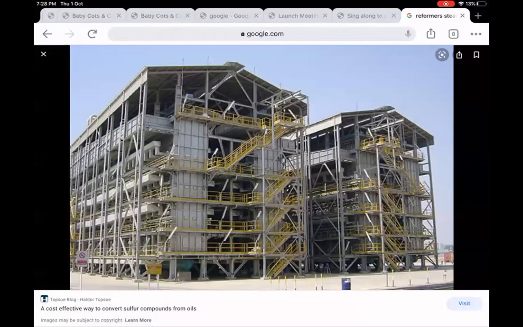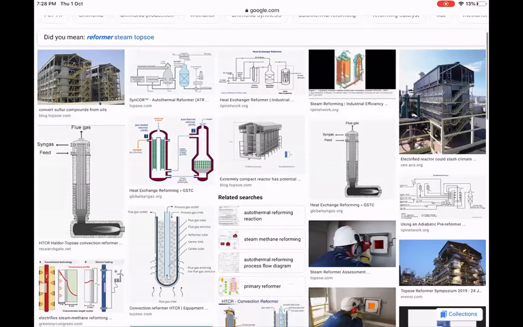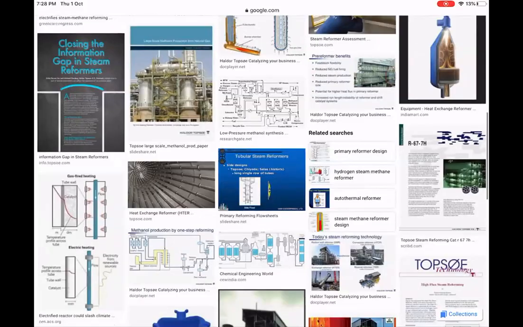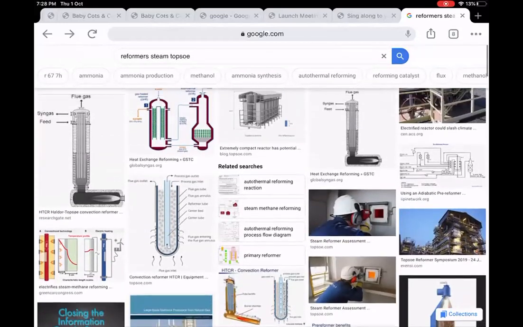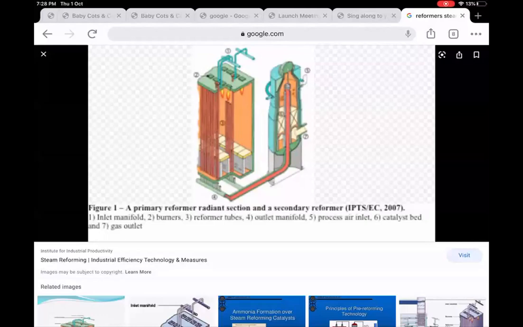What you are seeing is a reactor. How does the inside of this reformer look? Something like this. Inside you have tubes hanging. Within the tubes you have a catalyst loaded, and the burners give the heat of reaction.